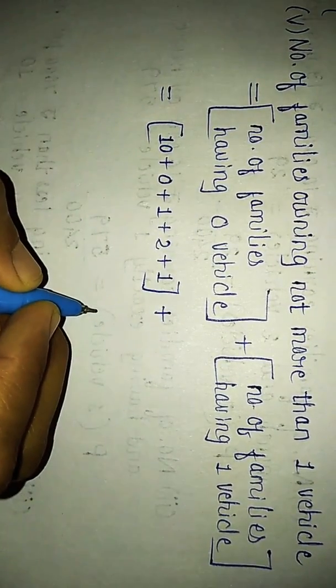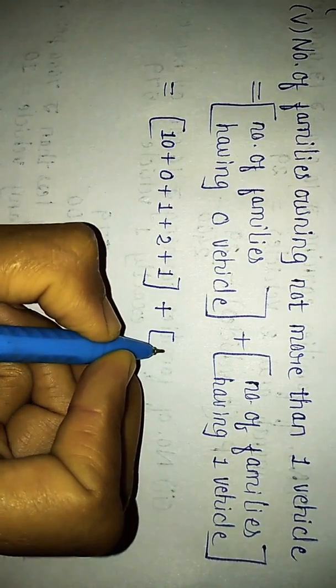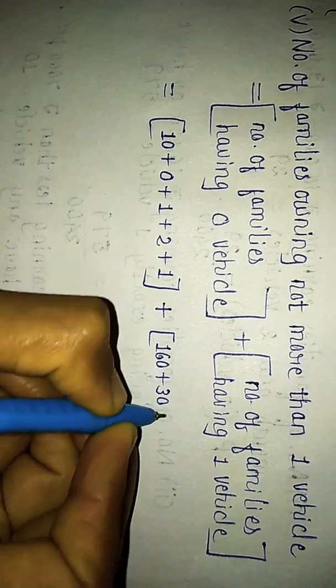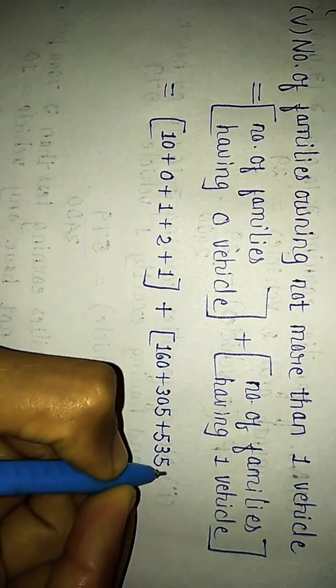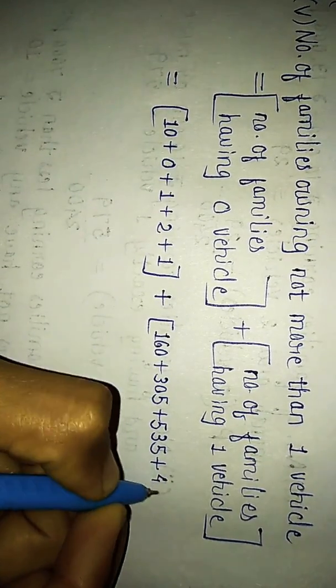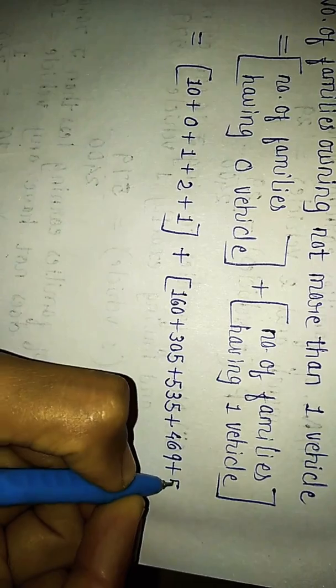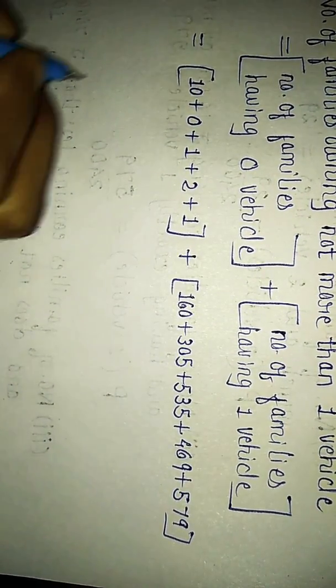Number of families having 1 vehicle, that also we will add up. So from the textbook we will write 160 plus 305 plus 535 plus 469 plus 579. Now we will add this all.